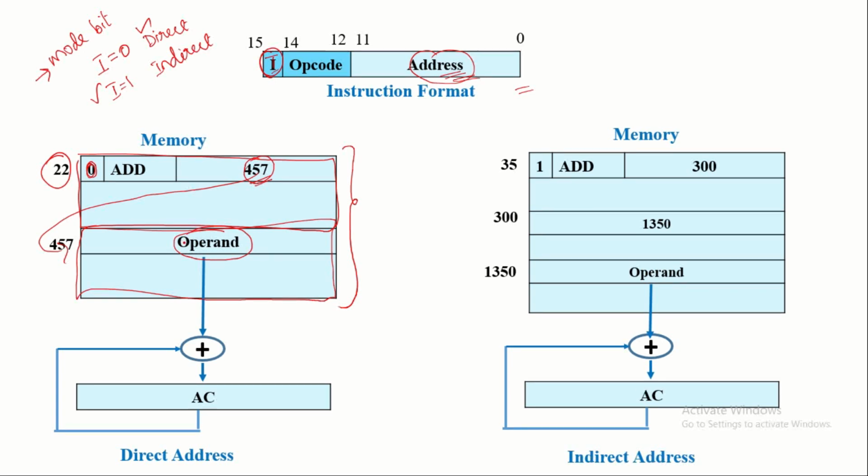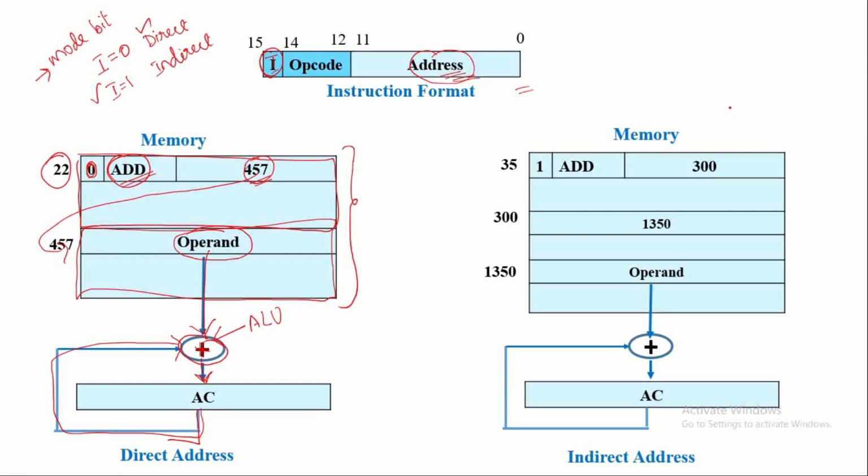Now this addition operation can be performed by taking compulsorily one of the operands from the accumulator and another operand from this memory. This plus indicates the ALU operation. This ALU operation is performed by the ALU unit. After the addition operation, the result is going to be stored back into the accumulator only.